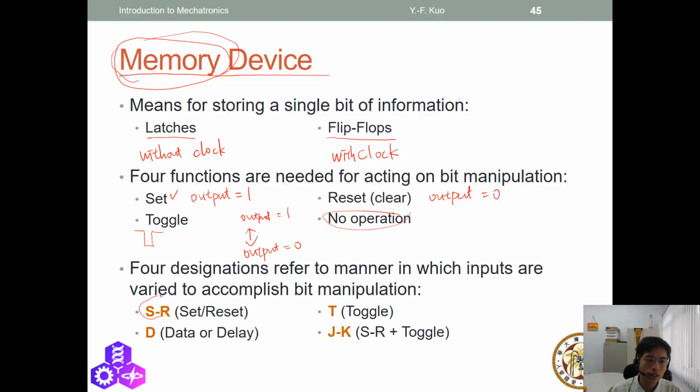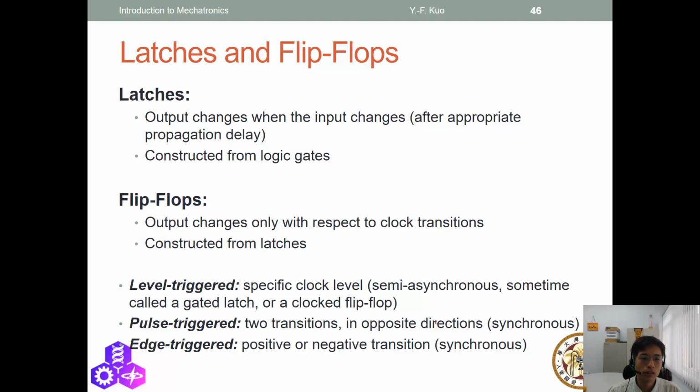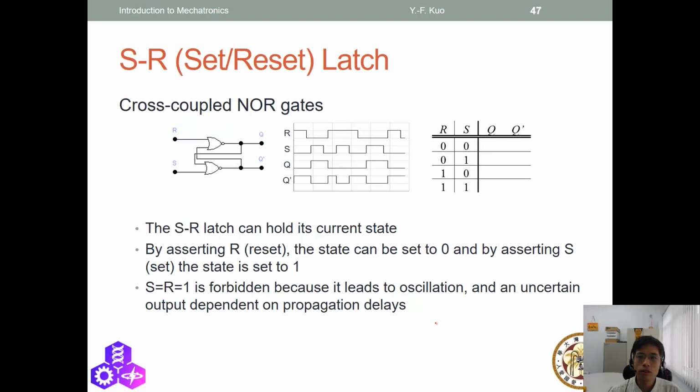We have SR type, T type, and D type. SR type is set and reset. T type is toggle. D type is data or delay, where you basically only store the information in the memory device. Or there's the JK device, which is SR plus toggle. Let's move to slide number 47, the SR latch.